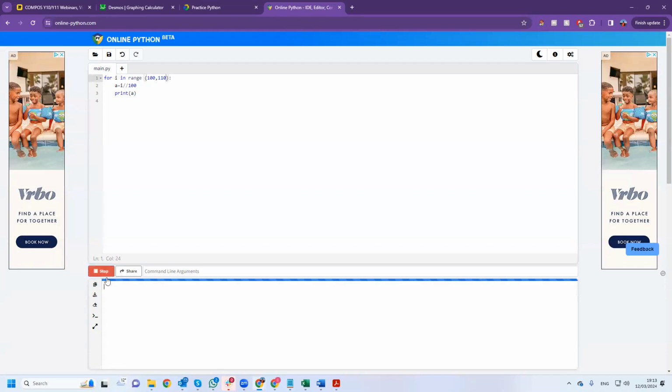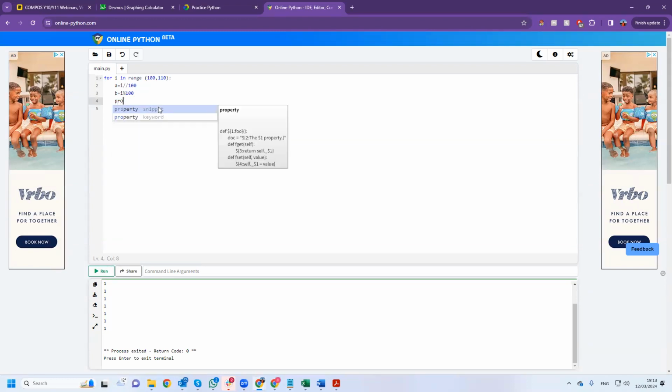Okay, run. So it gives me the first digit, print A. B, the second digit, is equal to I percent 100 and then divided by 10. That's the second digit.